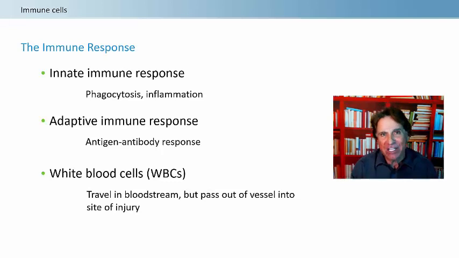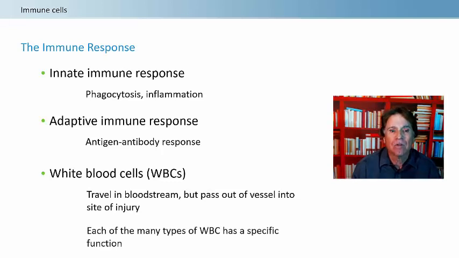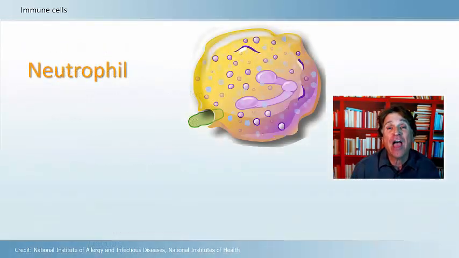But at those sites, they can pass out of the bloodstream and concentrate where they are needed most. Each of the different types of WBCs has a specific function. And we'll talk about those as we look at some examples of these WBCs that form that immune response.